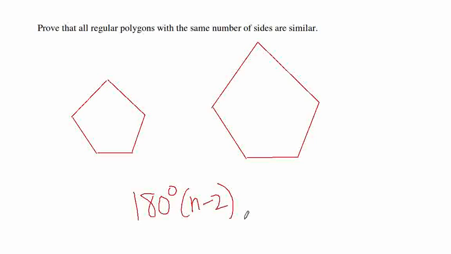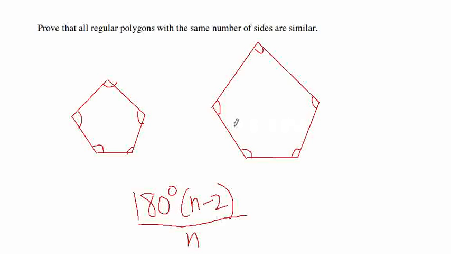And since they all have to be equal, then if the n-sided polygon is regular, each angle will have a measure given by the formula I've just written down, divided by n. Okay? So now we've established that all the corresponding angles of any two regular polygons with the same number of sides are congruent.